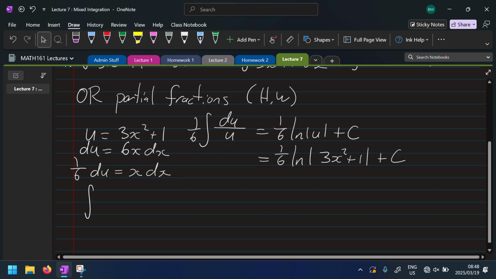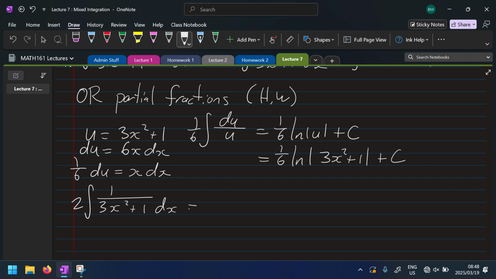First, let's take the 2 out. We don't need that, so 1 over 3x squared plus 1. Again, we don't want this 3, so let's take that out. It will be 2 over 3 integral 1 over x squared plus a third. But again, it must be x squared plus a squared. Over there, we have a third, that's not what we want.